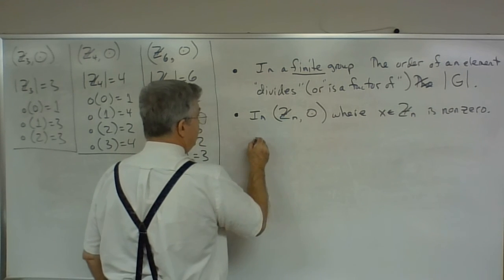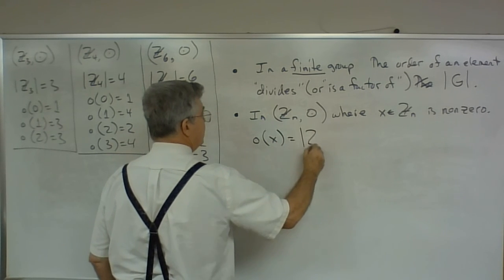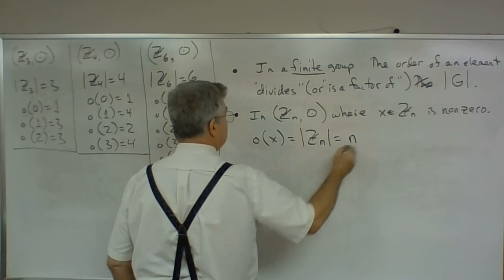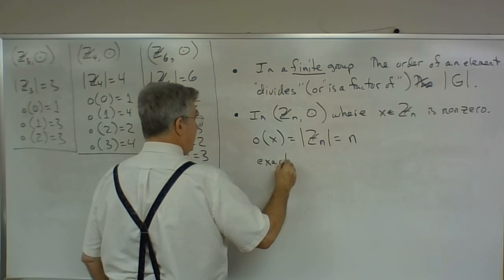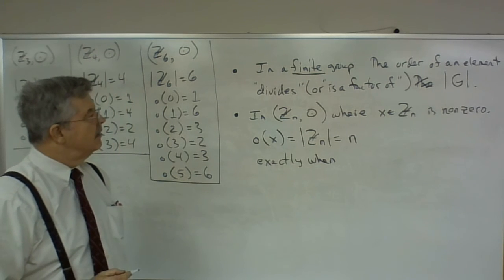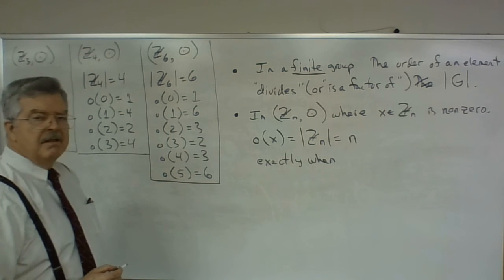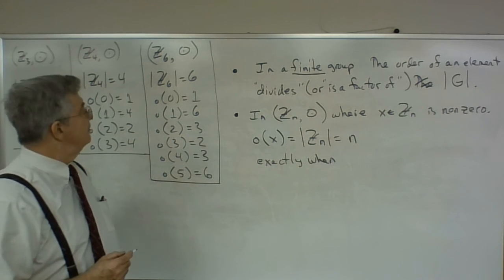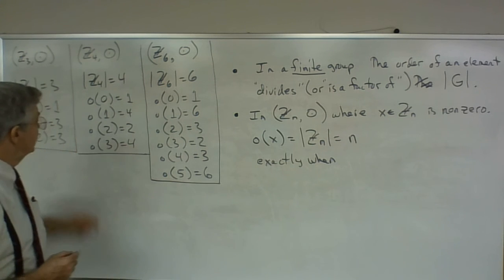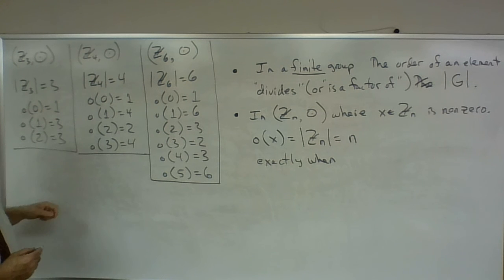And I think I need to be more specific here. The order of X equals the order of Z sub n, which equals n, exactly when, let's see, 5 and 1, they don't have any common divisors with 6 other than 1, right? 3 and 1, they don't have any common divisors with 4 other than 1. 1 and 2, they don't have any common divisors with 3 other than 1.